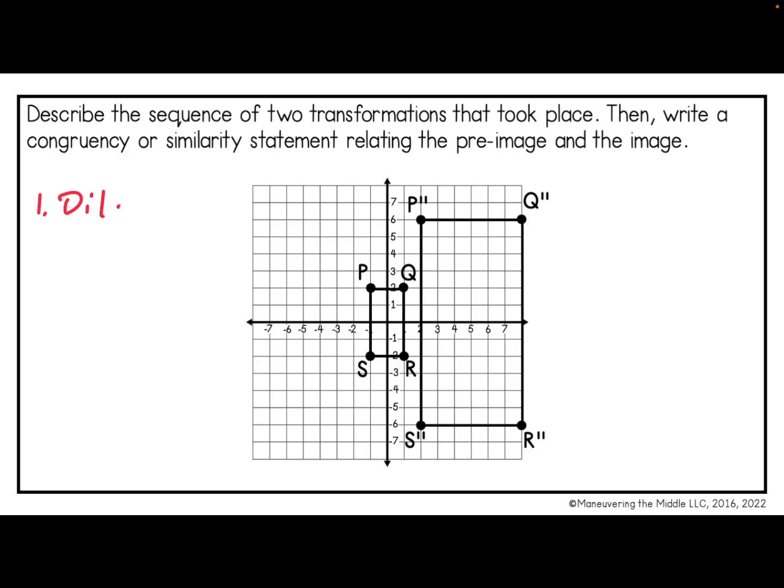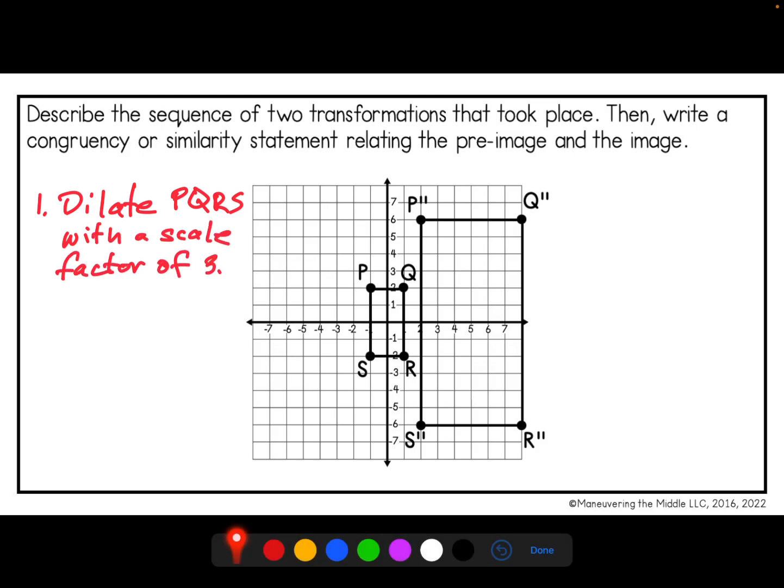Well, first thing that we need to do is dilate PQRS. What is the scale factor, you ask? 3. How did I find that? Well, let's look at PQ. Segment PQ is 2 units in length. Segment P double prime, Q double prime is 6 units in length. 6 divided by 2 is 3.